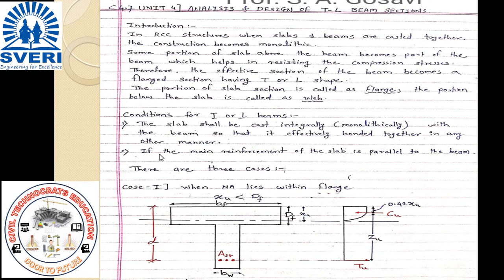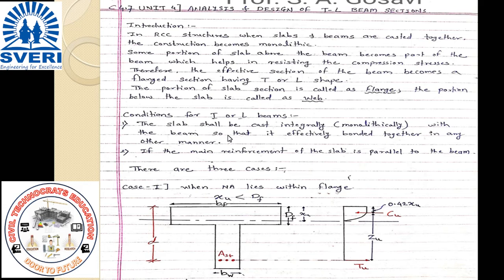So now what is a T beam and what is an L beam? That is the first question. Now I want to make one thing very clear. There is no beam in this world which has any cross section other than the rectangle. Every beam has a rectangular cross section only.